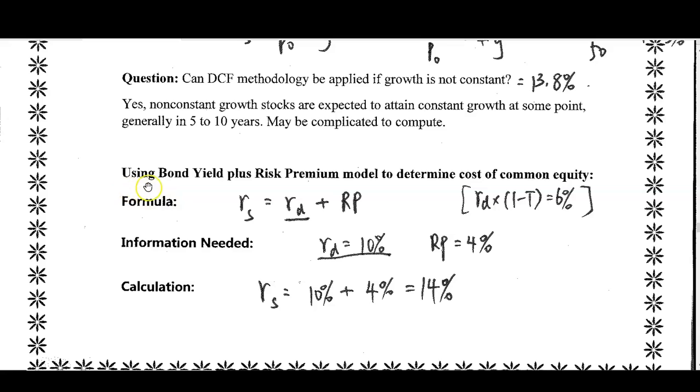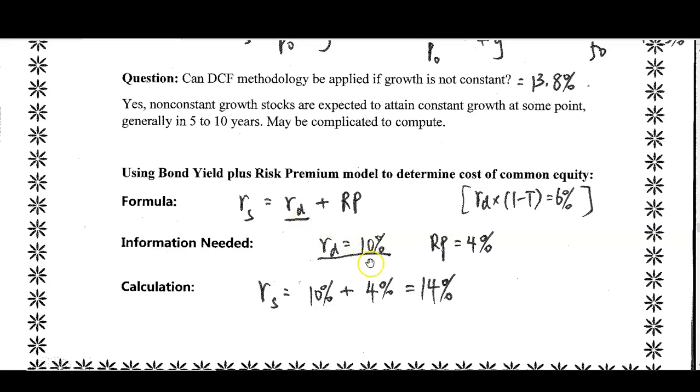Third method is to use bond yield plus risk premium model to determine cost of common equity. So RS, cost of common equity or stock return here, equals RD, cost of debt or bond return, plus this stock over bond risk premium. Okay, this is given by the question as 4%. Cost of debt was calculated by us.